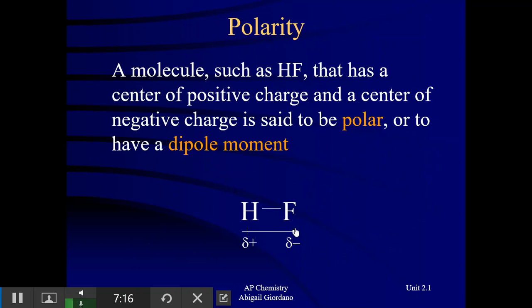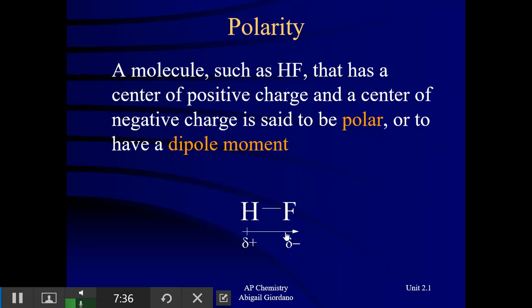Right here is some of that notation I was telling you about. We're using HF as an example here, okay? And this image here is showing me that fluorine is attracting the shared electrons more than hydrogen. Now, how did I know that?